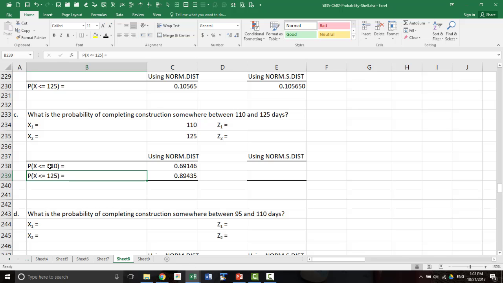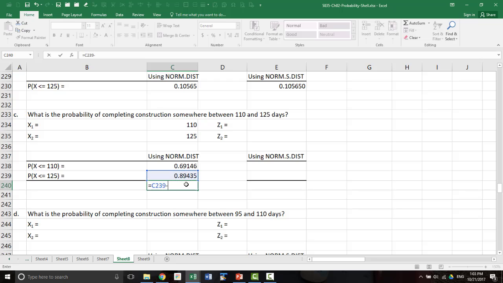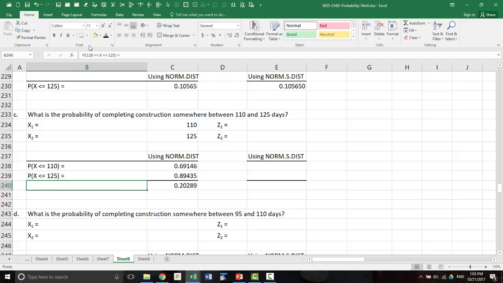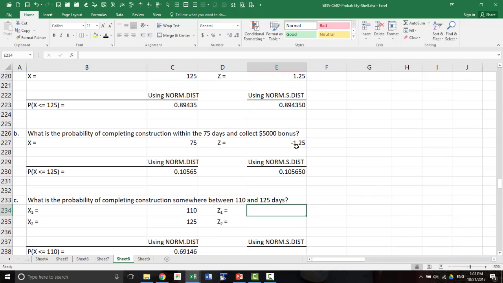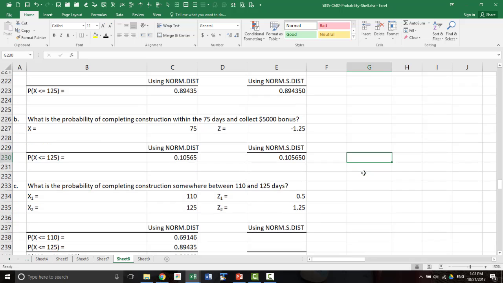And we want what is in between, so you have to subtract one from the other. So when I go that minus that, that'll give me the probability between that. All right. Same goes for norm.s.dist.